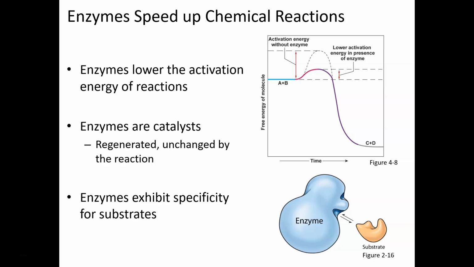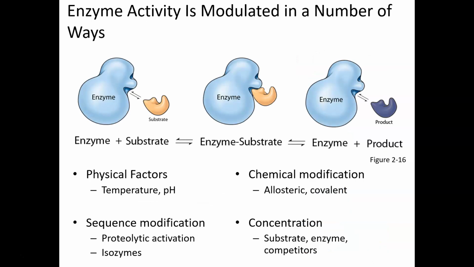And when a substrate binds, it's the exact same concept as the specificity, competition, and saturation of a protein transporter for active transport or facilitated diffusion for that matter. So we can change enzyme activity in a number of ways, and we call that modulated. Okay, so enzyme activity is modulated, changed in a number of ways.